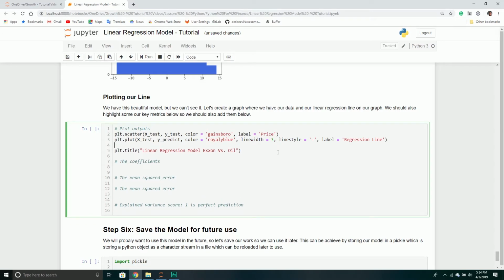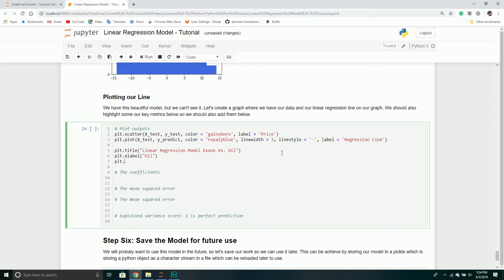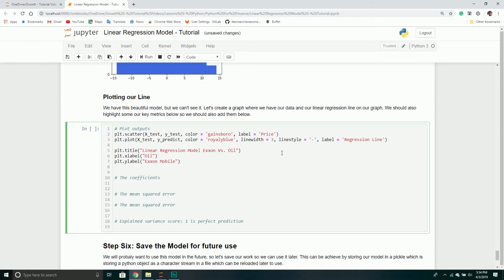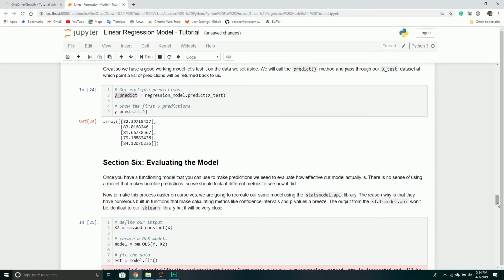And then we'll do x label, and that will be oil, plot.ylabel, Exxon Mobil, and then plot.legend, and then plot.show. And then I want to make sure that that's still lined up with what we did up here.